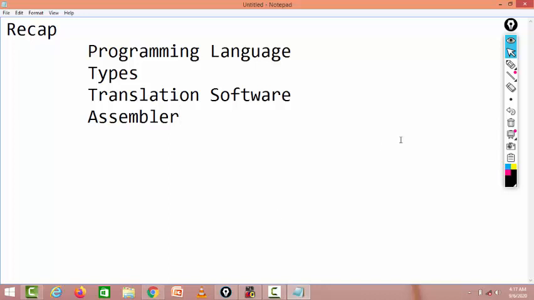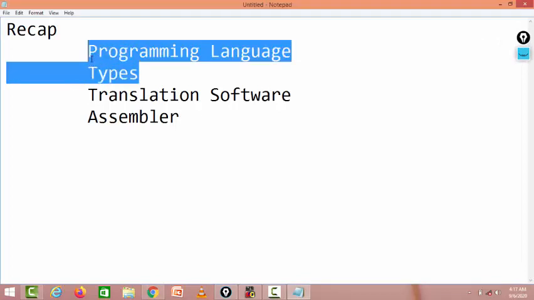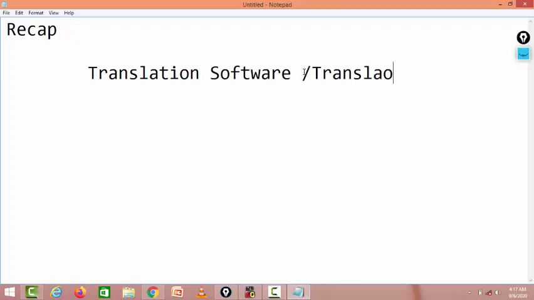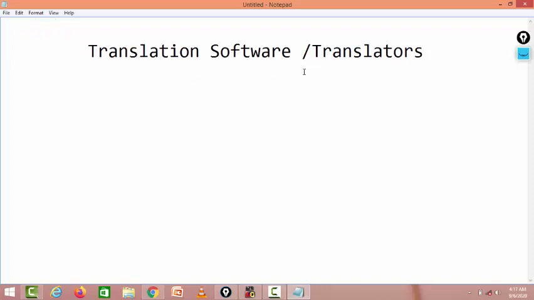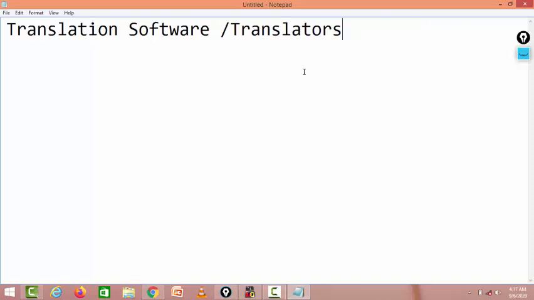Now moving towards today's class, we will further explain the translation software, or simply we call it translators. So today's topic, we're going to start from translators. As I told you, we have basically three types of translators used.